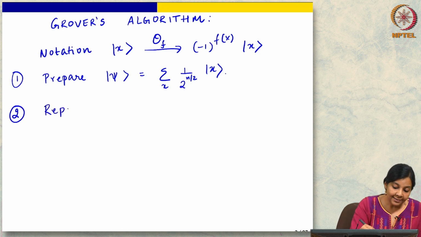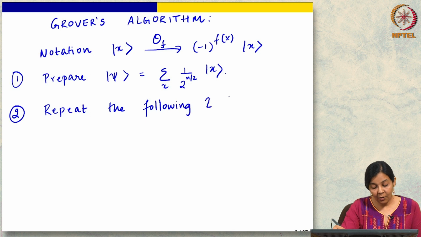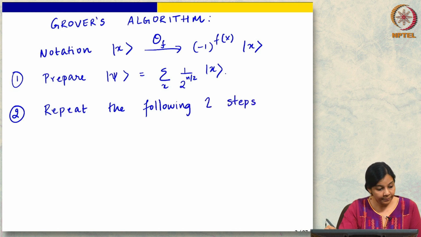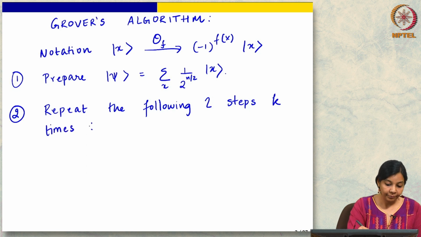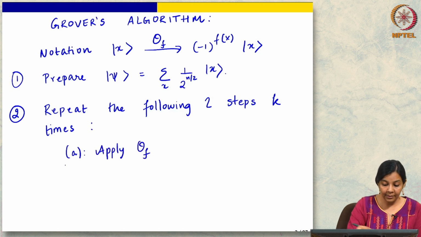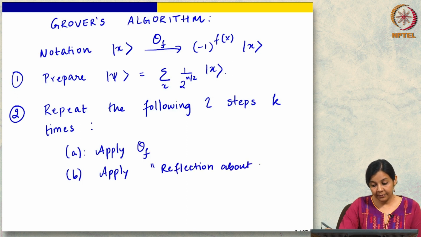Now, let us repeat the following two steps k times for some k, which we will set later. So, what are the two steps? A is that I apply my function oracle, and B is I apply this map, which I will call reflection about the mean.